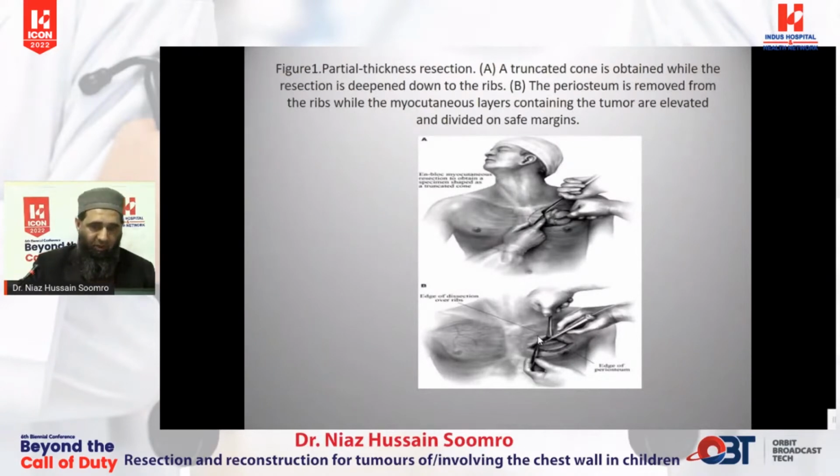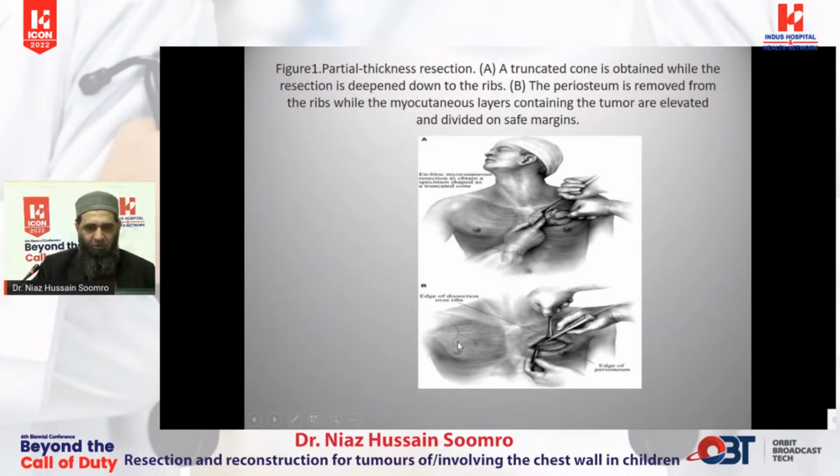This picture shows how the partial thickness resection is possible. This is a truncated cone, meaning you start from above with a cone-shaped resection, go downward, and resect in this way so that reconstruction will be feasible. The periosteum is removed from the ribs.